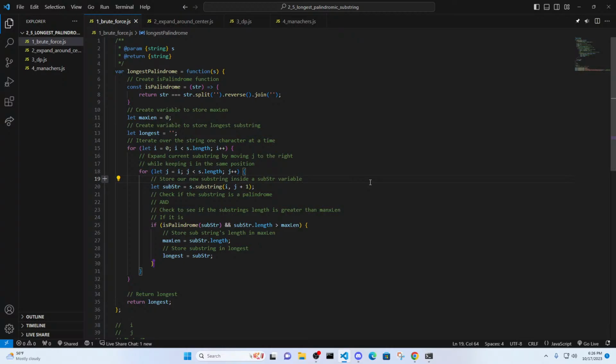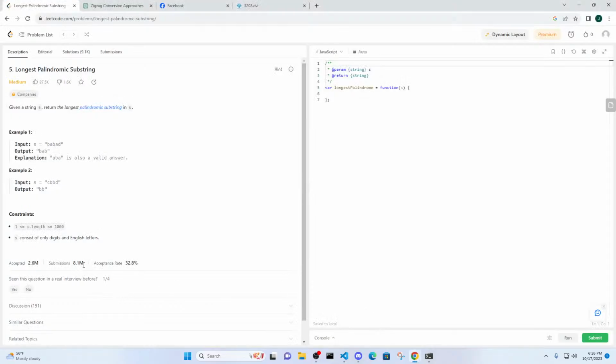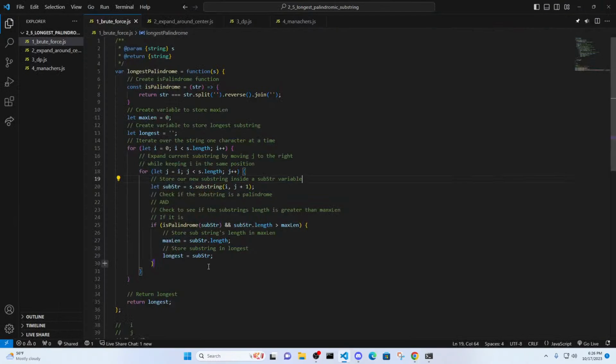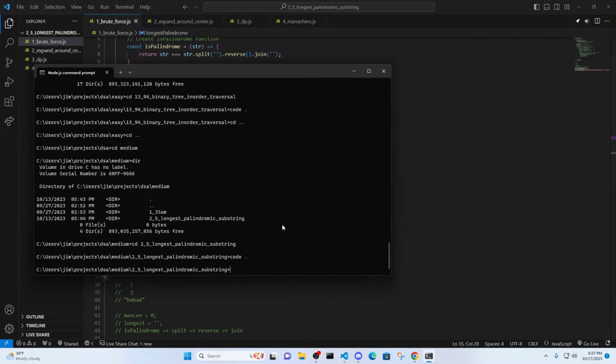O of n cubed, man. So definitely don't like this solution. Though if you look at the problem, it's only 1,000 characters tops. So you're probably pretty good with this, honestly. But if it went up to like 1,000,000 or 1,000,000,000, you're going to start running into some real problems with this solution.